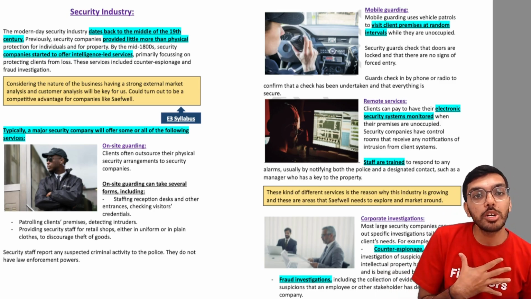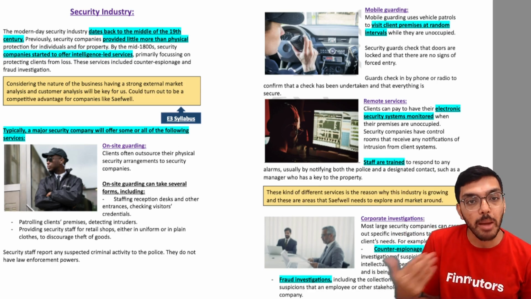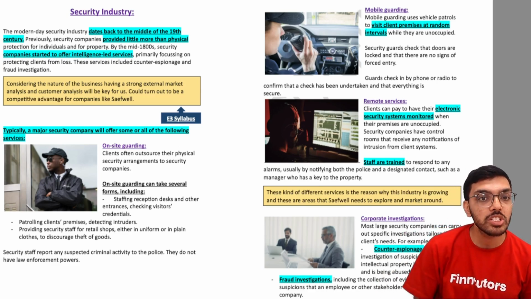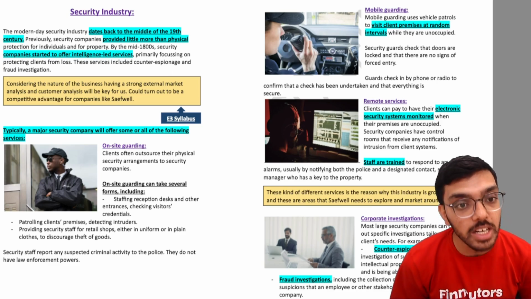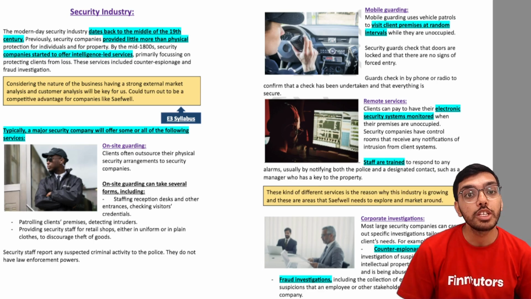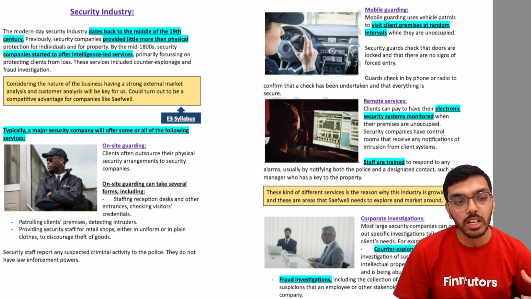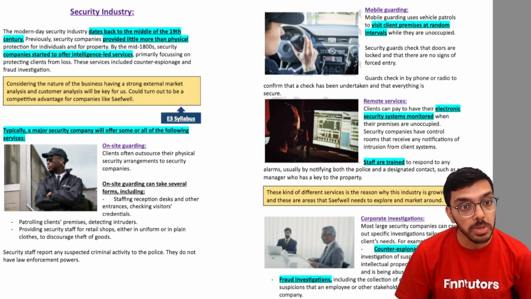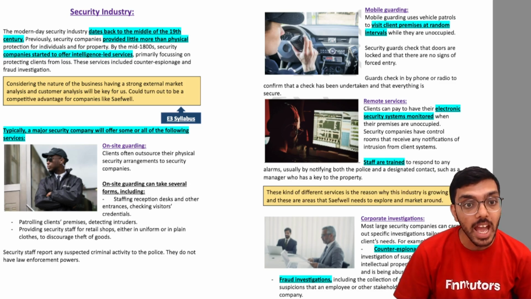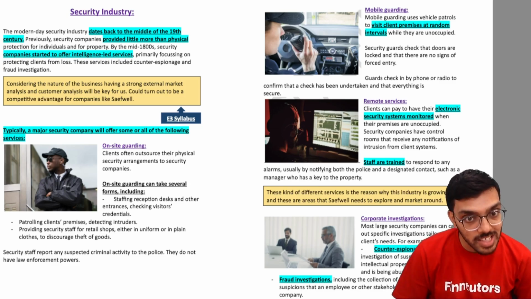So if I want to be aware of the changes which are happening in the industry, a strong external market analysis and a strong customer requirement analysis will be needed, which means I will need to have specific skills within my organization to analyze the external market, because this could be a comparative advantage for me as a company, as Saefwell.